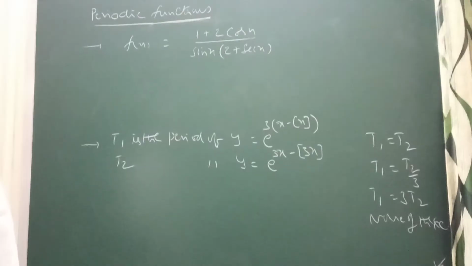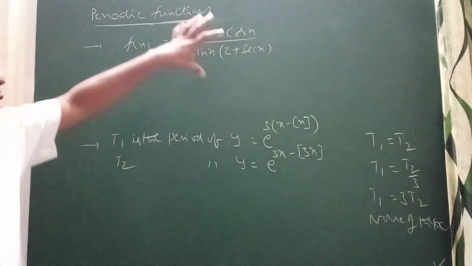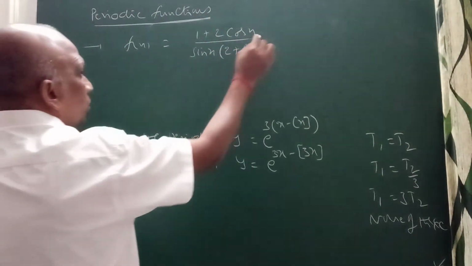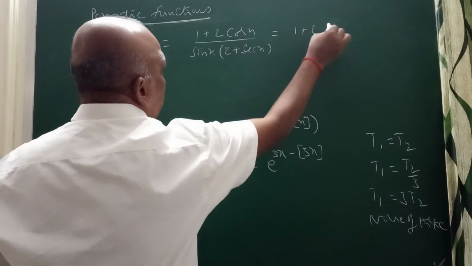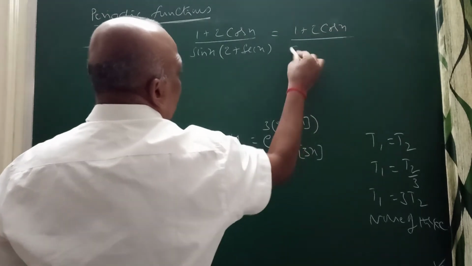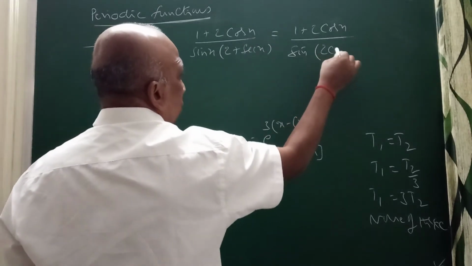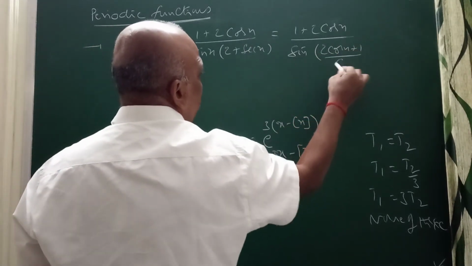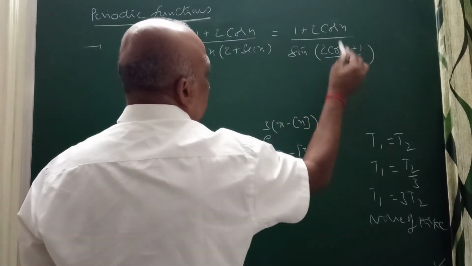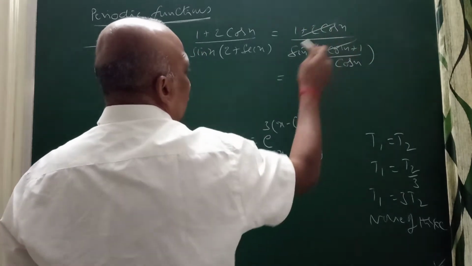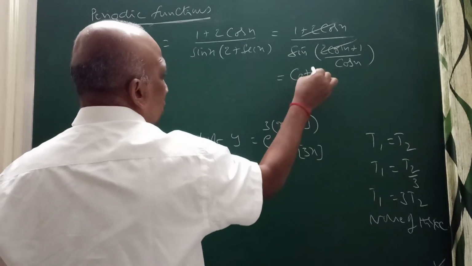Now see here in this problem, to find the period, it is better to simplify. If I simplify this, you can check 1 plus 2 cos x by sin x into this one can write as 1 by cos x. So 2 cos x plus 1 by cos x. This will become cot x, right?